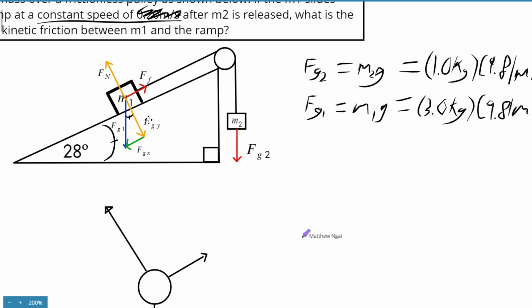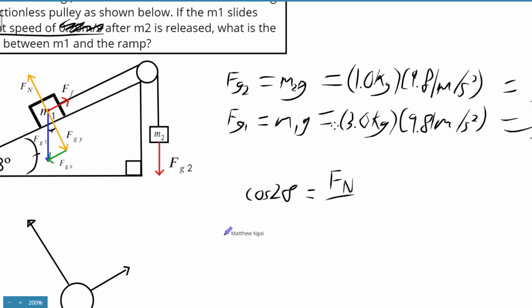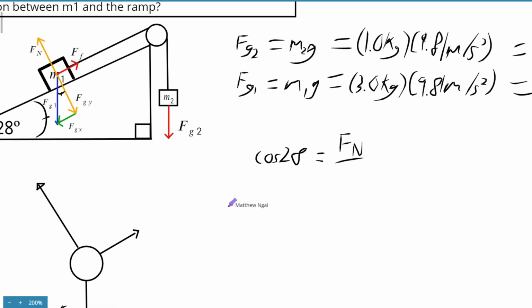We're looking for the adjacent, so we'll have to use cosine to solve this. So cosine 28 equals adjacent over hypotenuse. So Fgy, let's just call it Fn because they're the same, over hypotenuse, Fg1, which is 29.43 newtons.